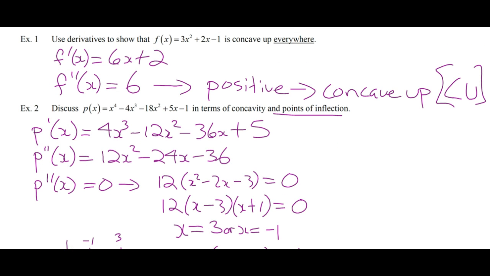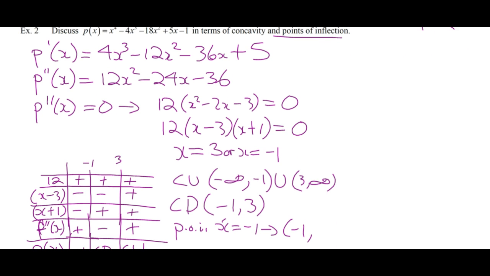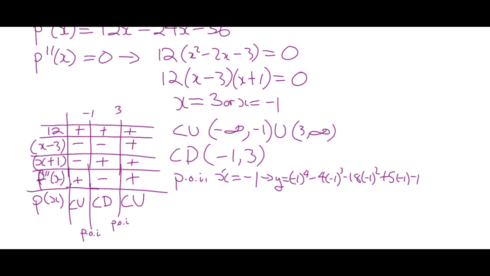And what, right? So we got to put -1 in here. Squeeze that in. So what do we got? -1 to the 4th. All right, now let's do this. So y is equal to -1 to the 4th minus 4 times -1 cubed minus 18 times -1 squared plus 5 times -1 minus 1.